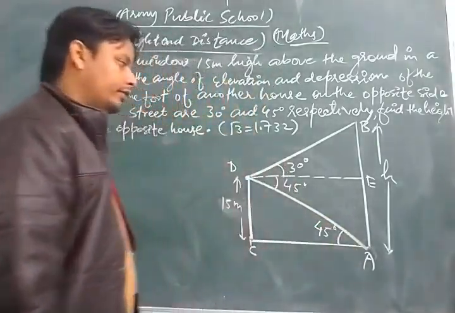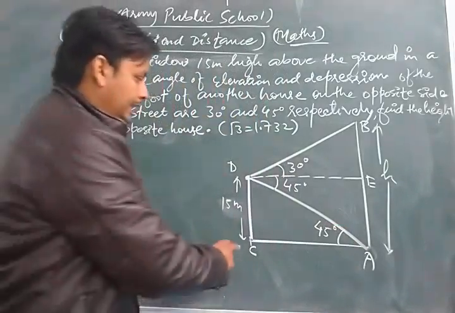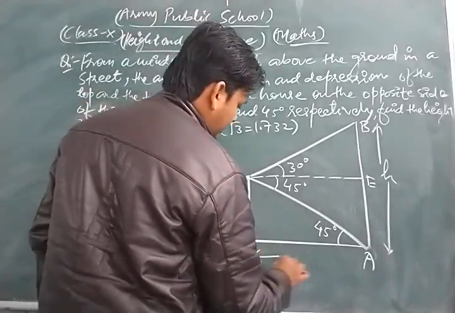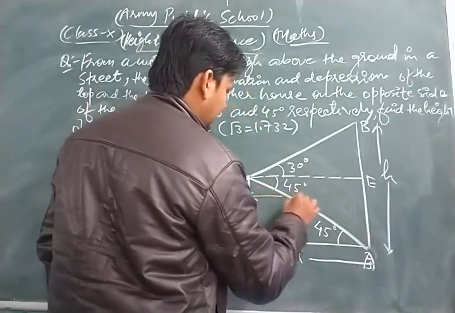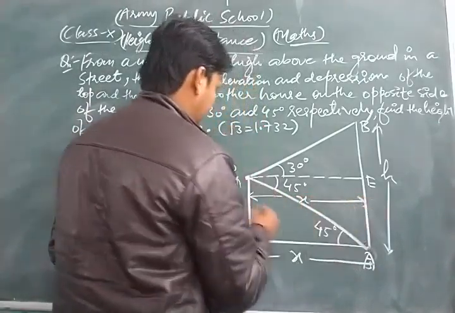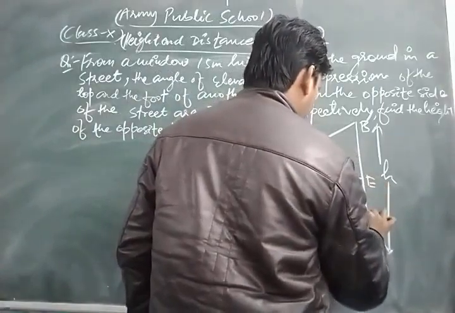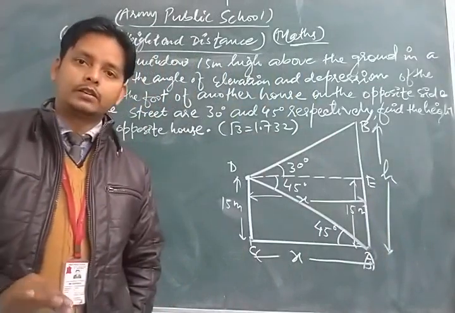Now, CD is equal to AE from the figure, and let us take AC as X meter. AC is the same as DE. This is also equal to that, and this is 15, so this is also equal to 15 meters. So this is the required figure.